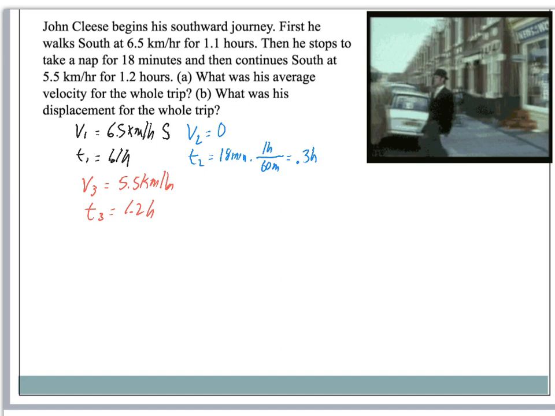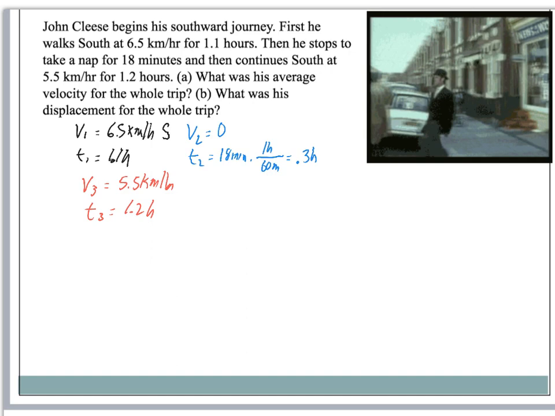Question A: what is his average velocity for the whole trip? What would we need to know for average velocity? We would need the total displacement divided by the total time. Do we know his displacement for any of the trips?